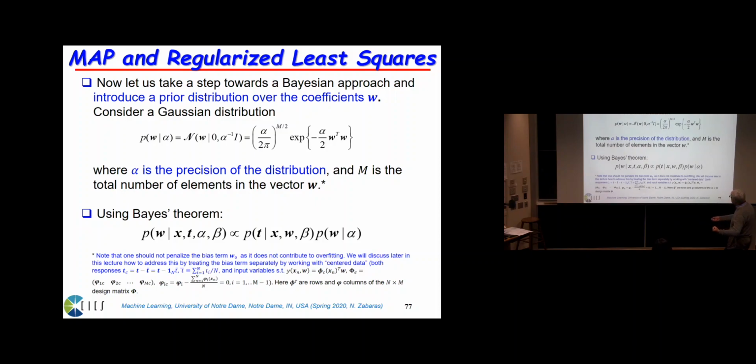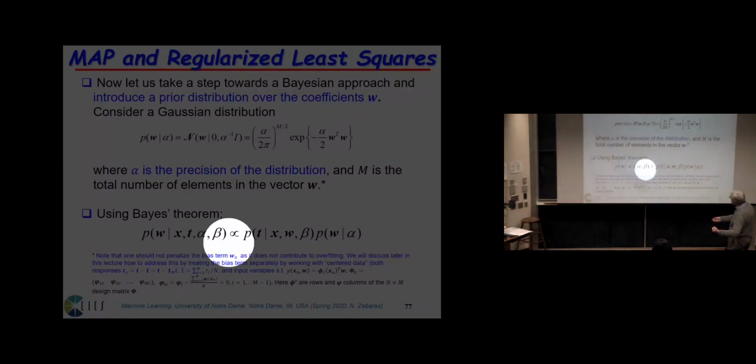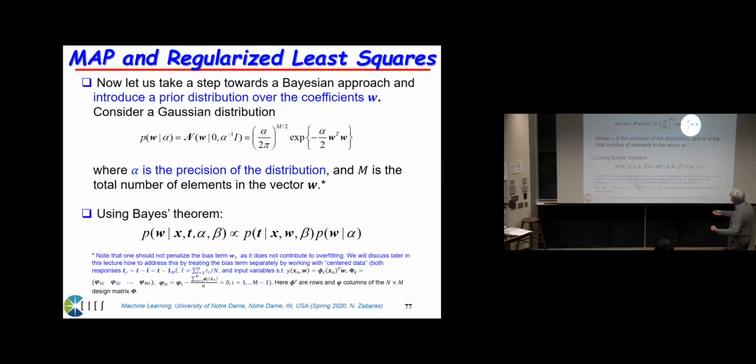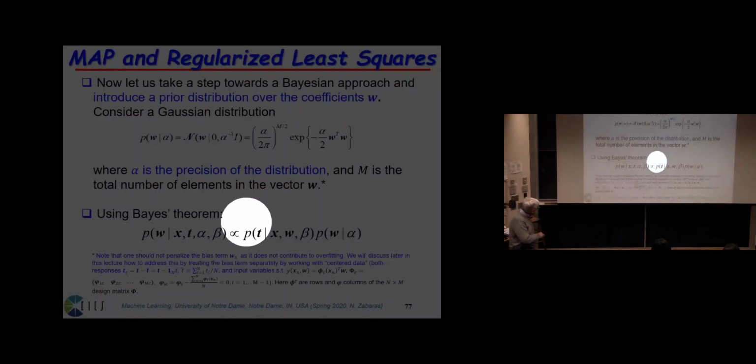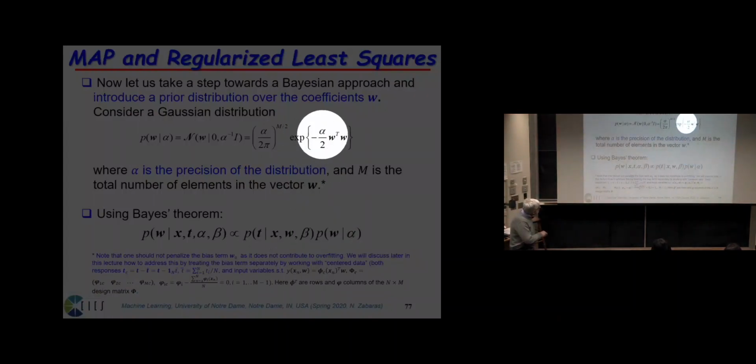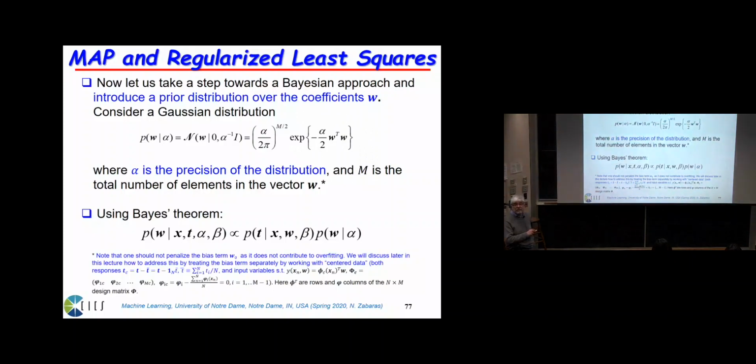So when I get the log of the posterior, I will get that error from the first term, and what will I get from the prior when it comes to W? There will be a term that involves A over 2 times W transpose W. Everybody sees that? When you take logs, you add the log of the likelihood, which we have seen before, and the log of the prior, which will give me A over 2 W transpose W.